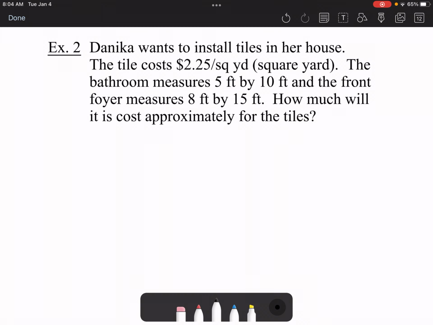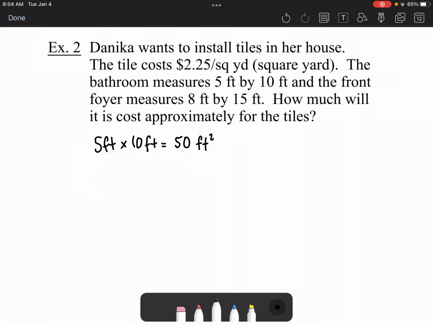Well, whenever anything is squared, like the square yard, that is telling you it's area. Now, first off, if you take 5 feet and multiply it by 10 feet, you'll get your area in square feet. So 5 times 10 is 50, and feet times feet is feet squared. But this isn't the total amount of area that you want.